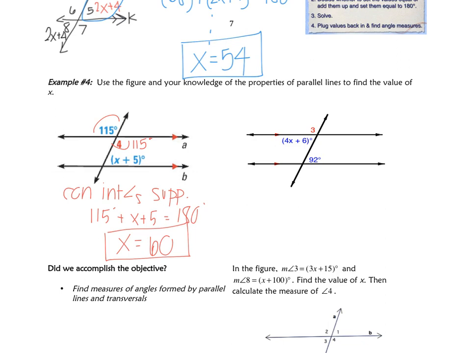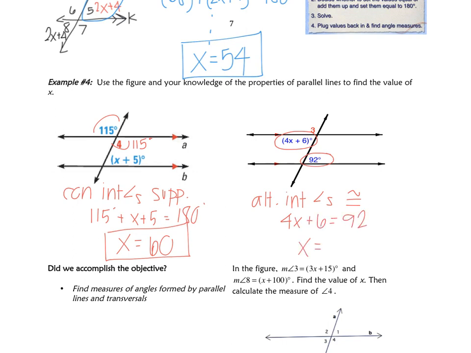Okay, hopefully you took some time to do this. Looking at how 4x plus 6 relates to 92, hopefully you saw that they were alternate interior angles. And what do I know about alternate interior angles with parallel lines? Well, that they're congruent. So set 4x plus 6 equal to 92.